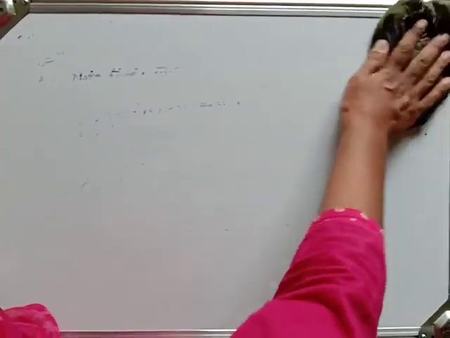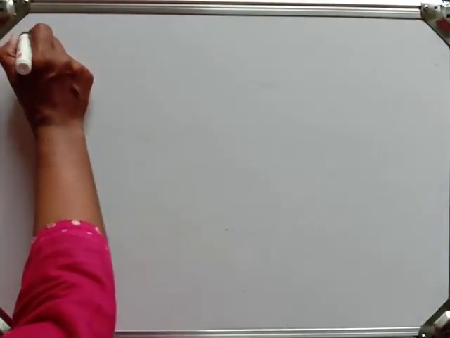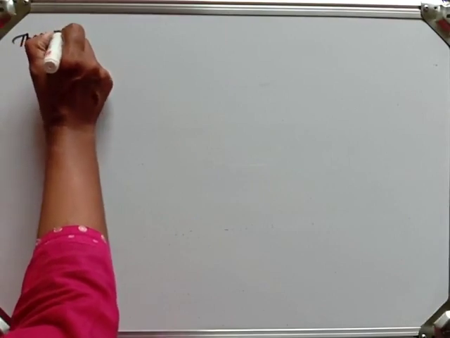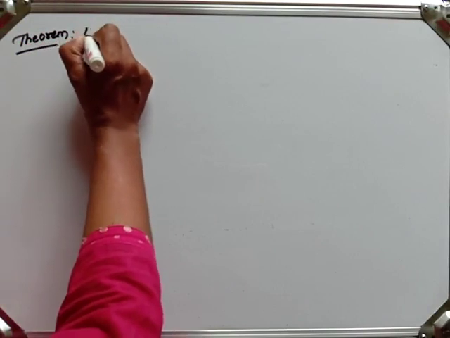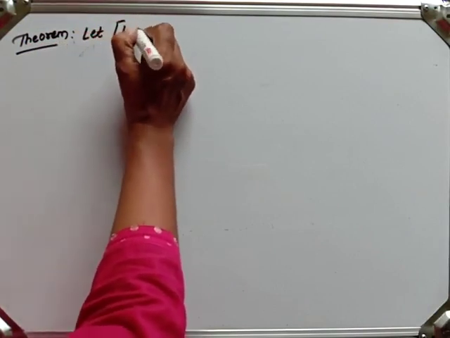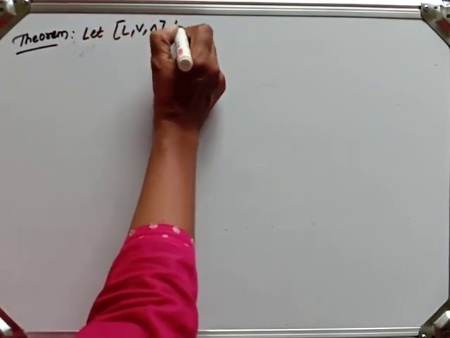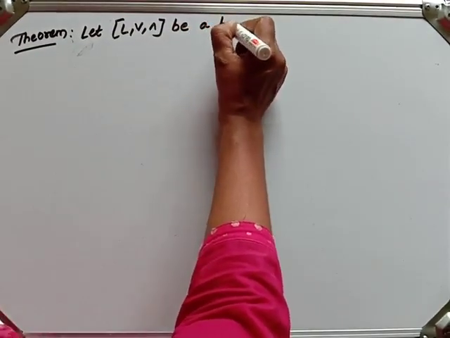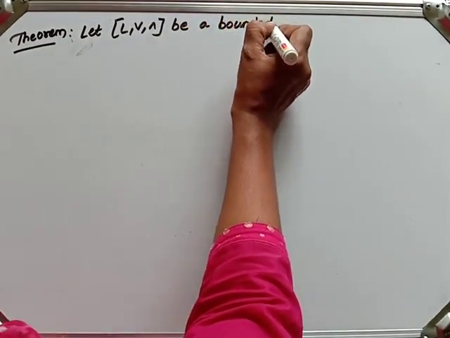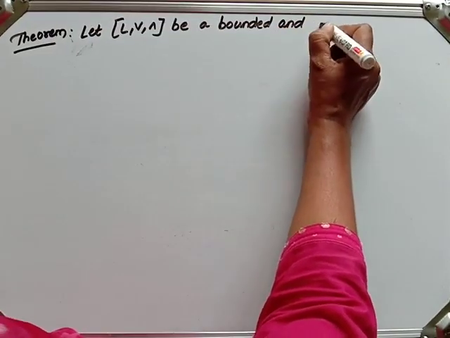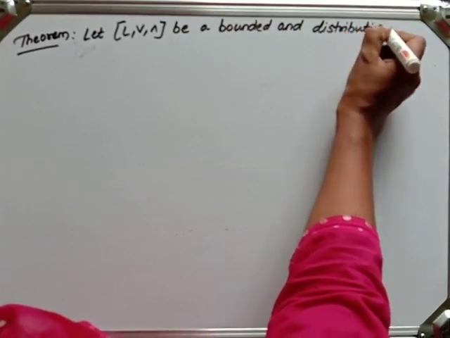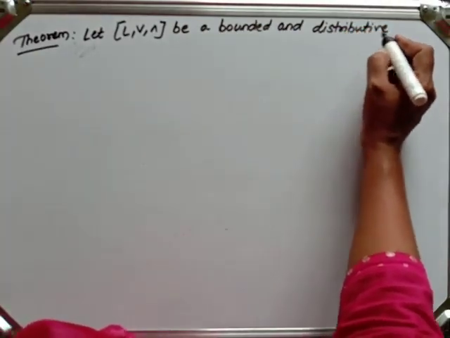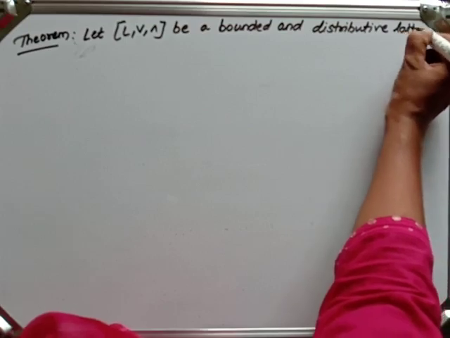The theorem says, let L with join and meet be a bounded and distributive lattice.